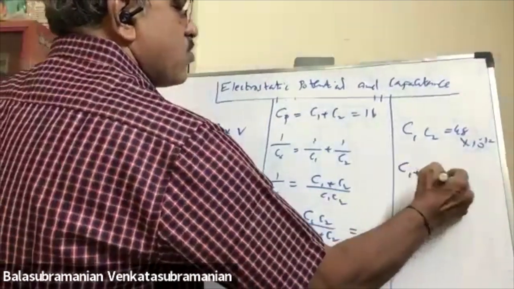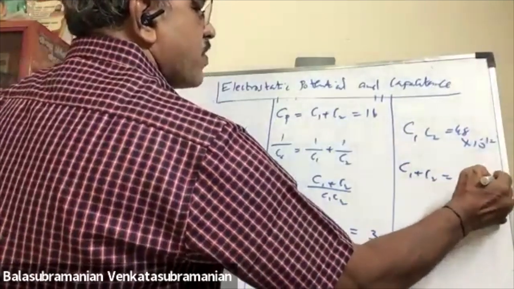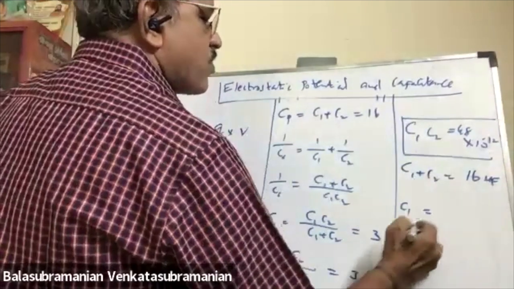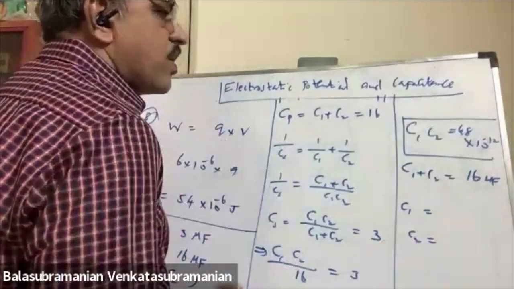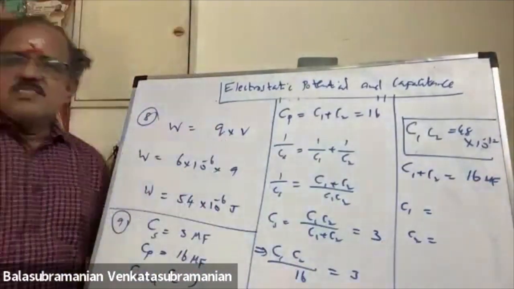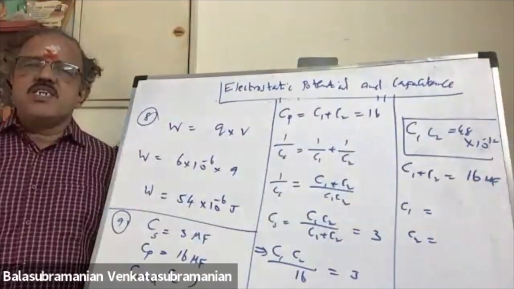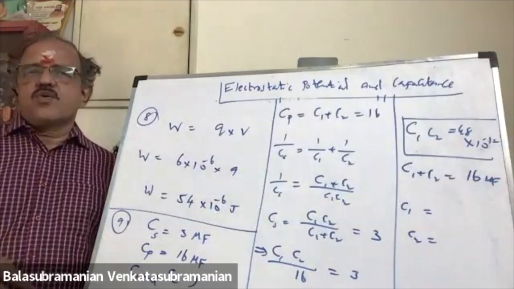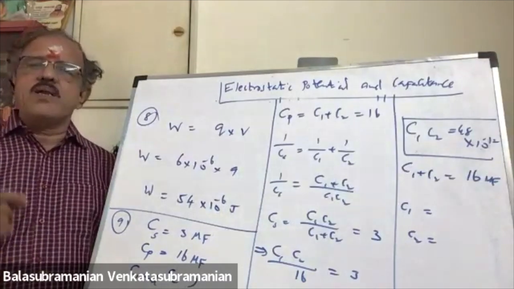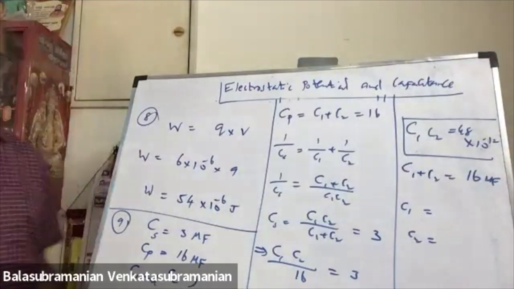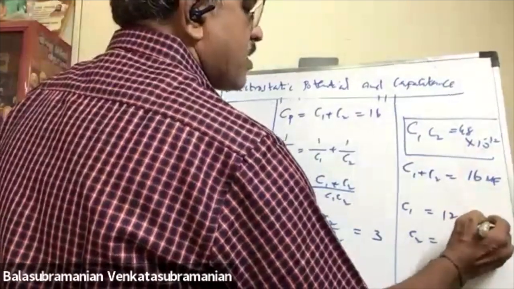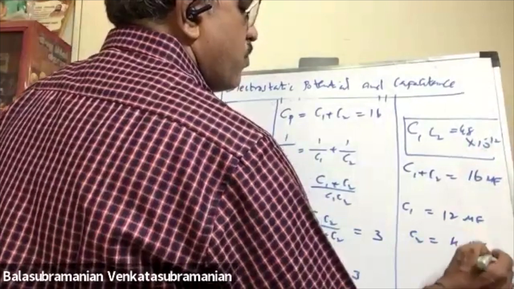C1 plus C2 is 16 microfarad. So the product of two numbers is 48 and the sum of two numbers is 16: 12 and 4. 12 into 4 is 48, 12 plus 4 is 16. So C1 is 12 microfarad, C2 is 4 microfarad.